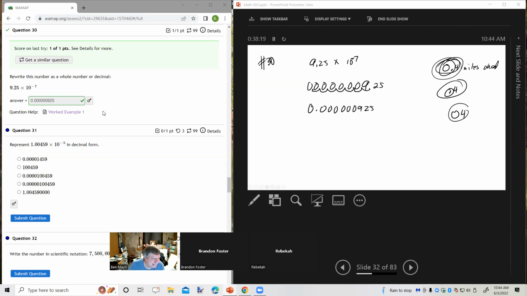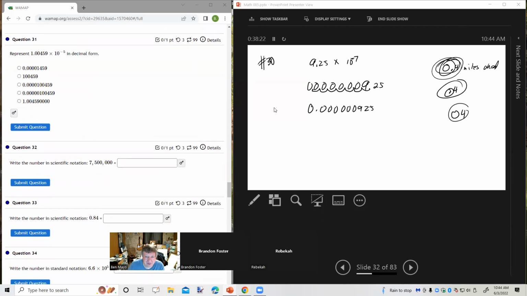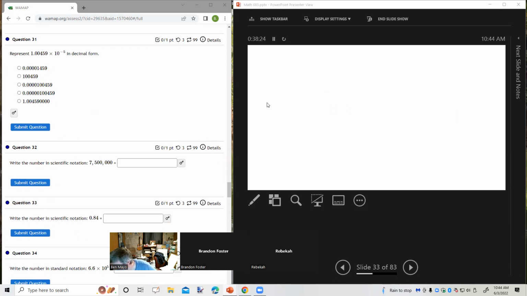Okay. All righty. 31. Represent 1.00459 times 10 to the -5 power in decimal form. Okay. So we're going to move it 5 places to the left. So 1, 2, 3, 4, 5.